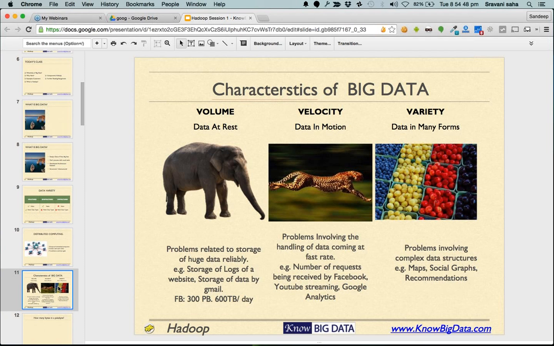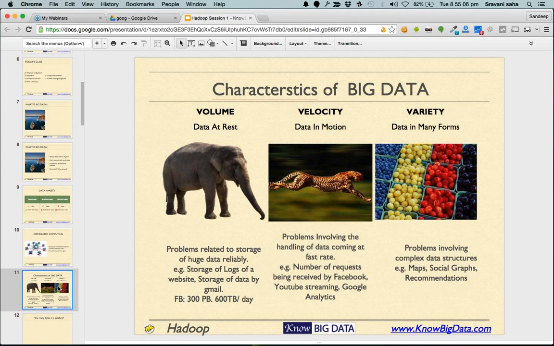All of this information which is continuously saved to disk is called logs. Now, storage of logs could become a big data problem after a point of time if your website is having huge traffic.